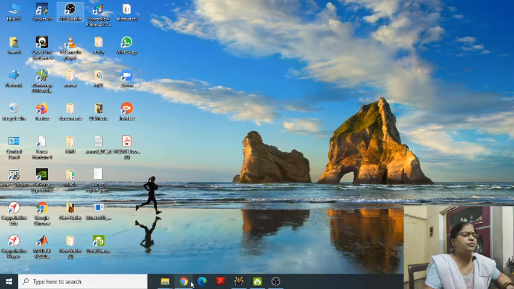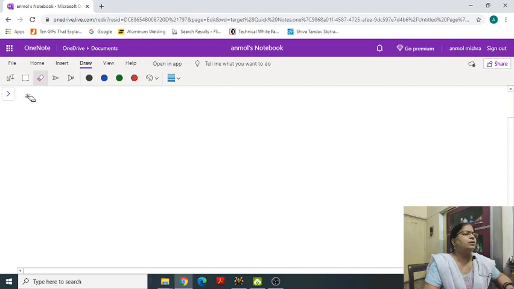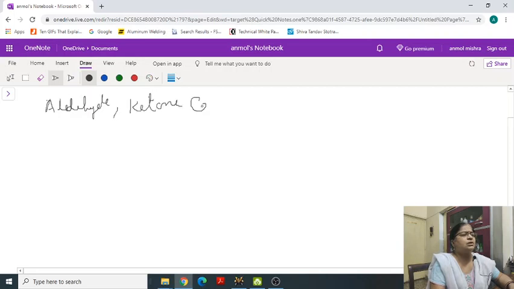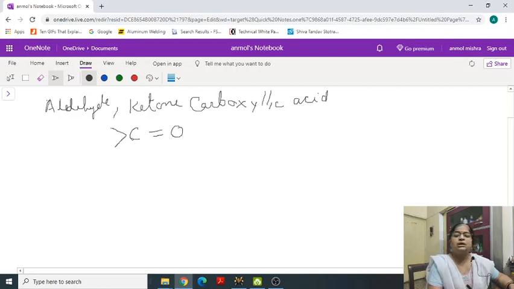Now, aldehyde, ketone, carboxylic acid. Now aldehyde and ketone functional group, collectively they are called as carbonyl group.